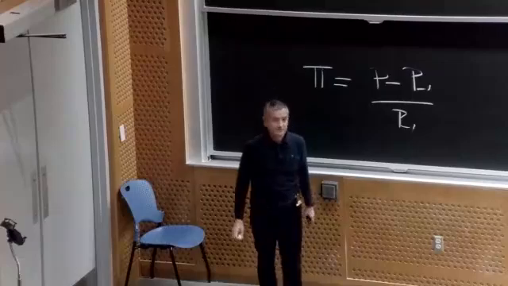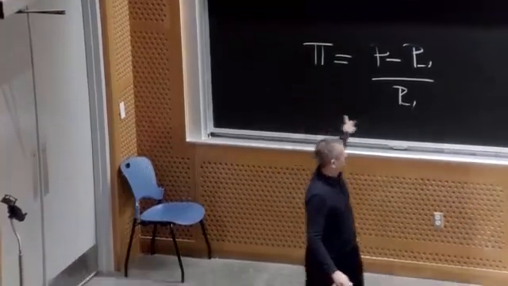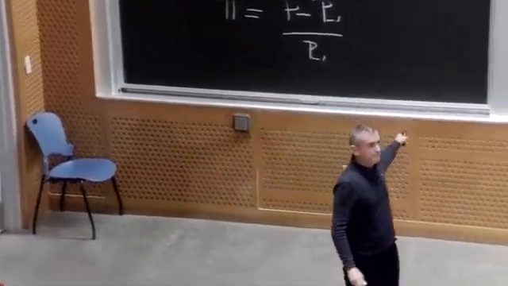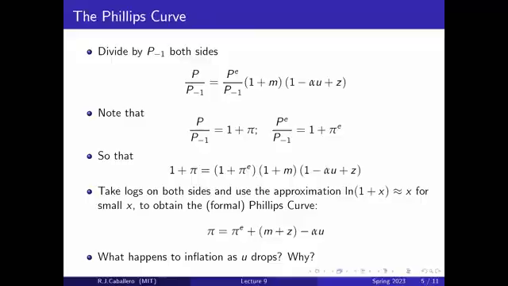That's inflation, okay? So 1 plus pi is just P over P minus 1, and that's what you have there. I can do the same for expected inflation.